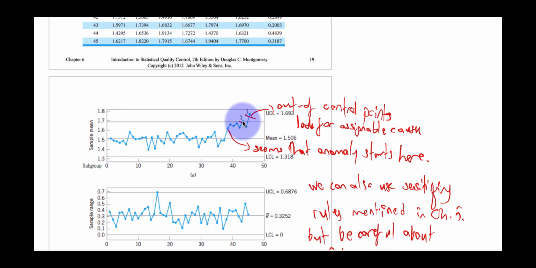Then after some sample, we have 2 out-of-control points. All right, so there is an anomaly here, and after seeing this anomaly, we immediately see some out-of-control points, and the process is no longer in control. Okay, so there are some assignable causes we need to eliminate.